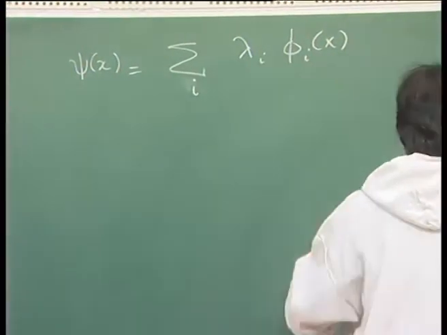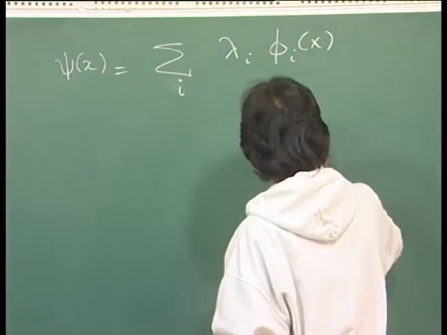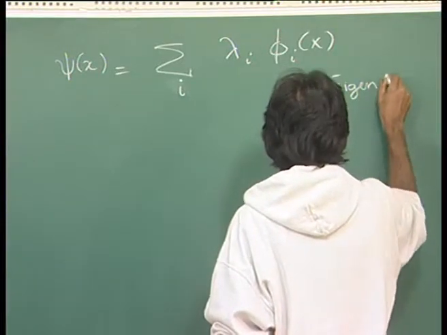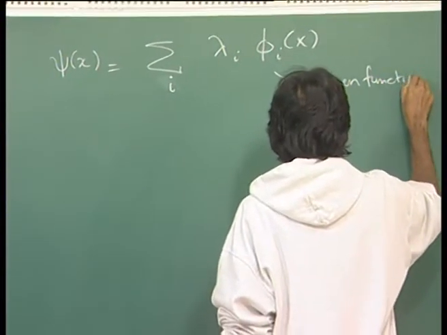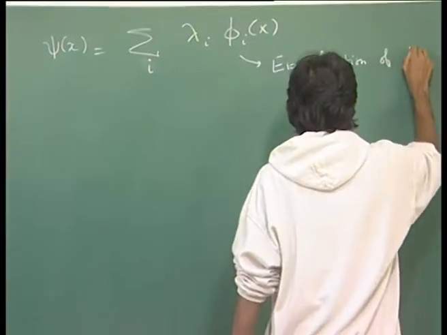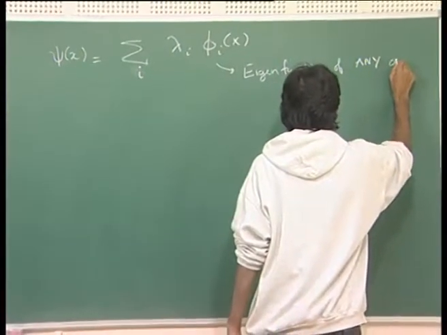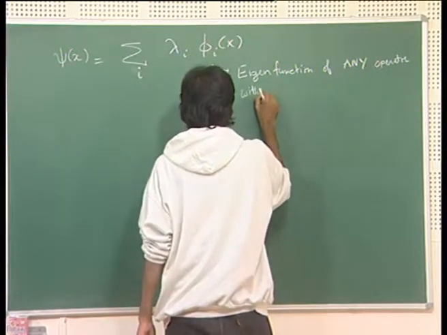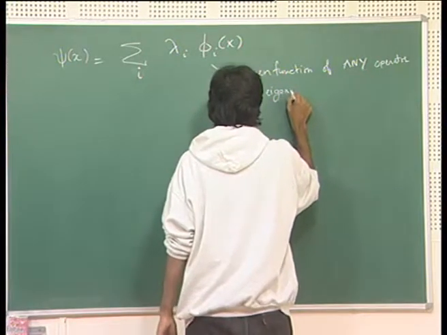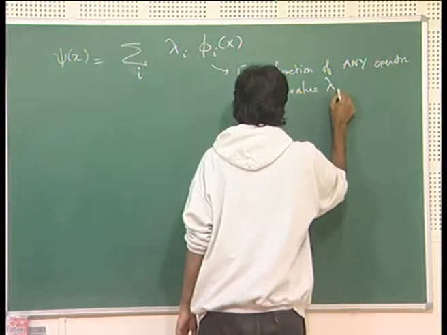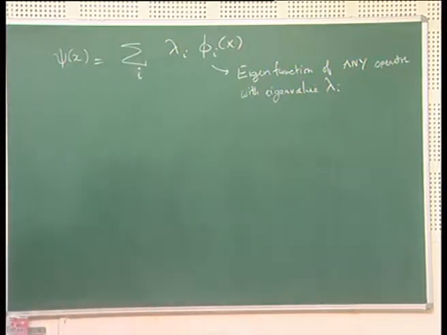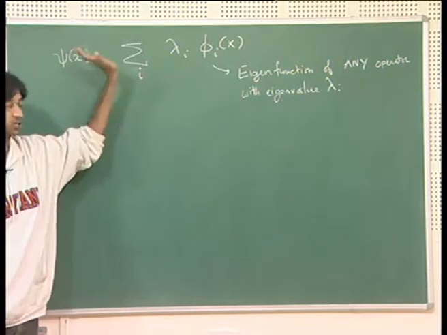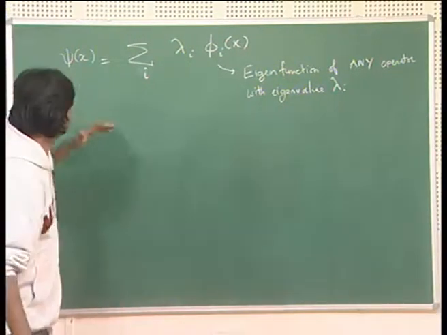Okay. So, that means phi I of x is the eigenfunction of the operator with eigenvalue lambda I. So, you can choose eigenfunctions of any operator that corresponds to a physical observable to do this basis expansion.